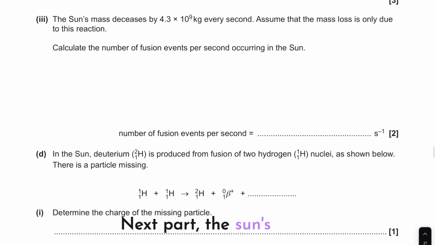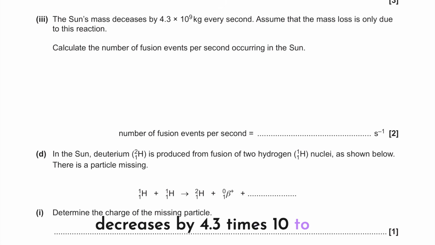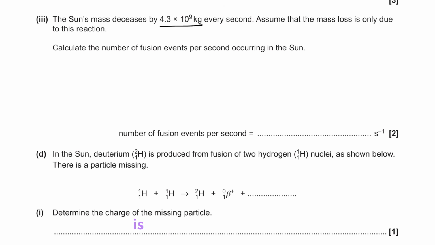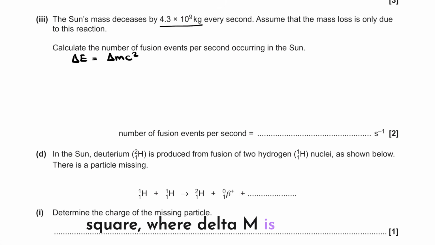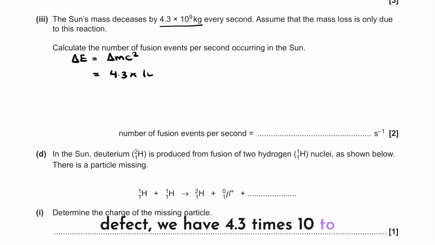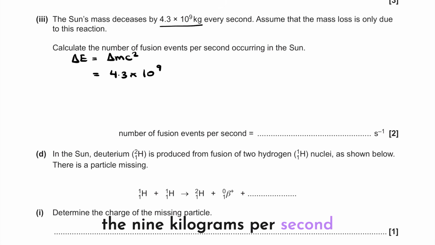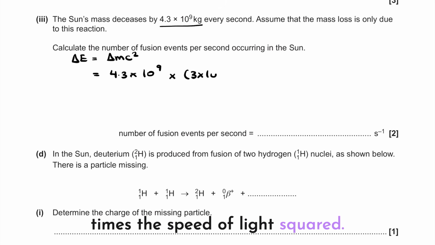Next part, the Sun's mass decreases by 4.3 times 10 to the 9 kilograms every second. Assume the mass loss is due to this reaction. Calculate fusion events per second occurring in the Sun. So delta E is equal to delta m c squared, where delta m is the mass defect. We have 4.3 times 10 to the 9 kilograms per second times the speed of light squared.